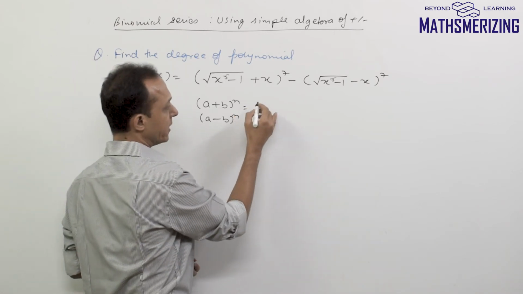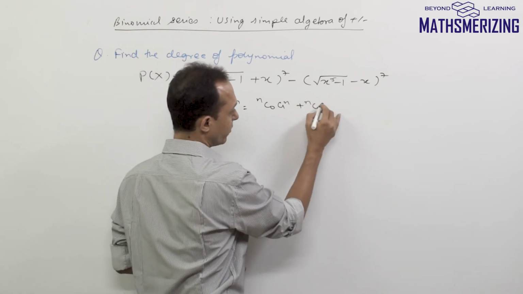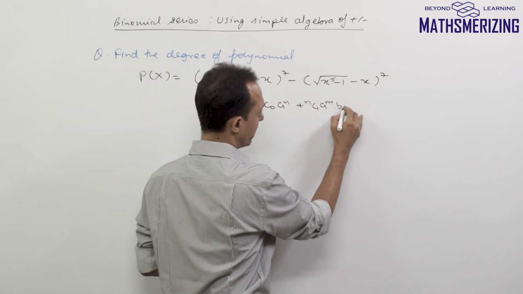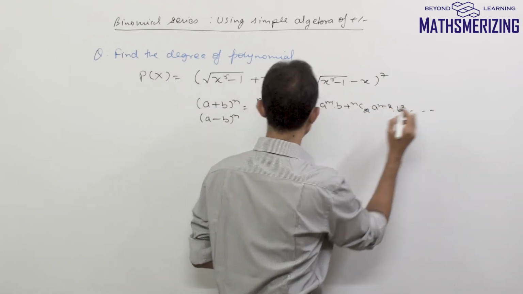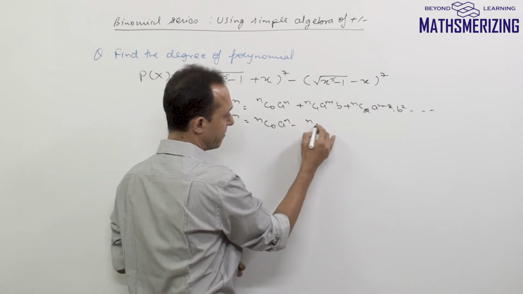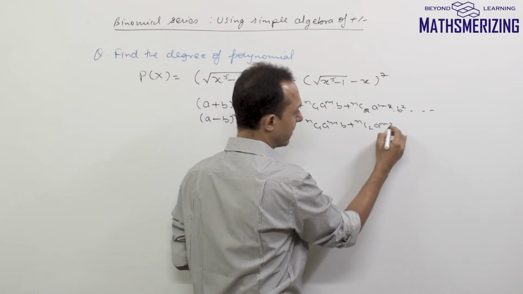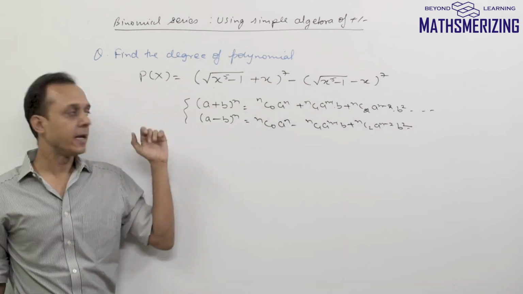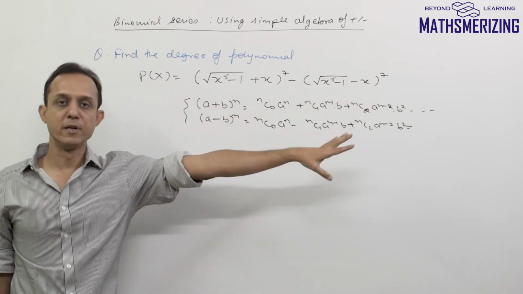So when I say (a + b)^n, I'll get nC0 a^n, nC1 a^(n-1) b, nC2 a^(n-2) b². And for the second one, I'll get the same series but with alternate plus and minus signs. If I subtract the second series from the first series, I'm left with all the odd-numbered terms, right?